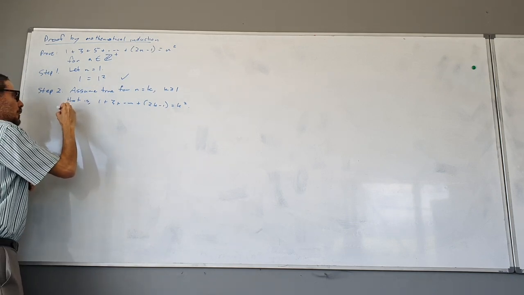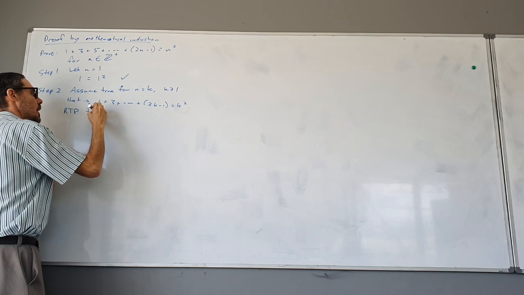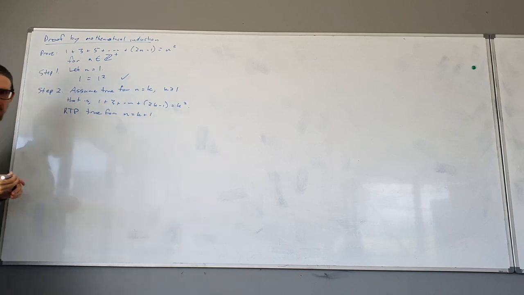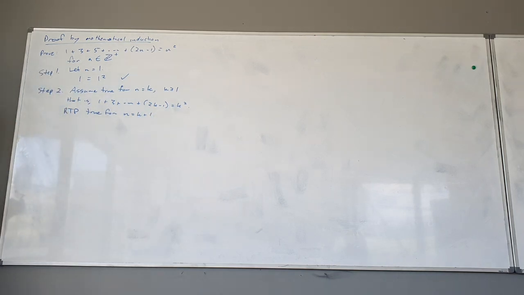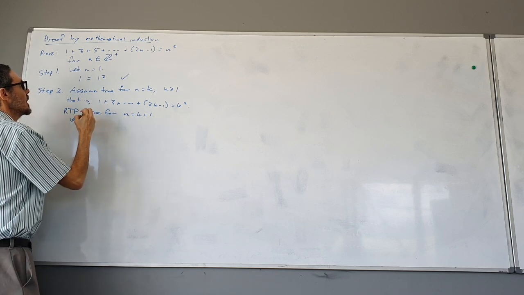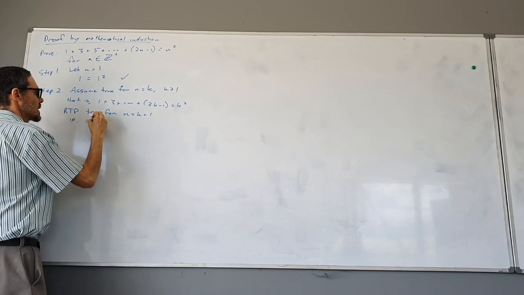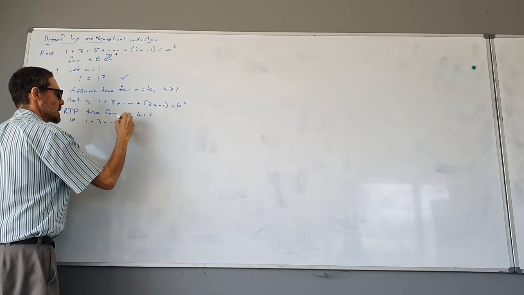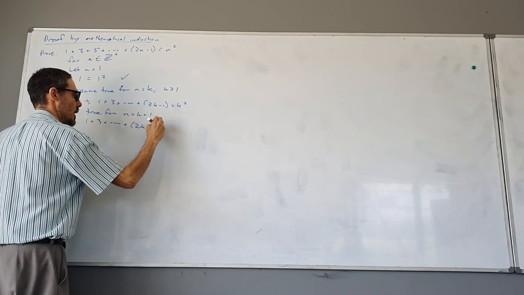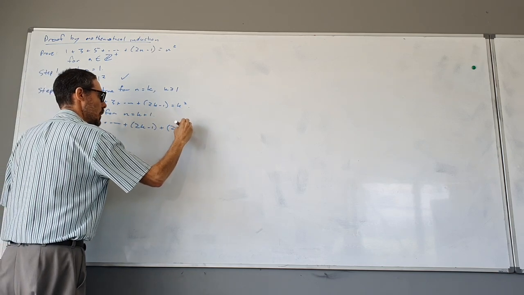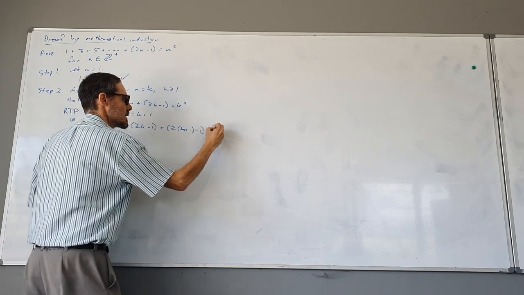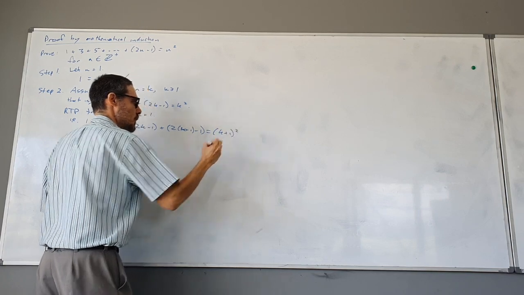I need to try to prove that it's true for n equals k plus 1. That is, that 1 plus 3 plus up to 2k minus 1 plus 2(k plus 1) minus 1 is k plus 1 squared.